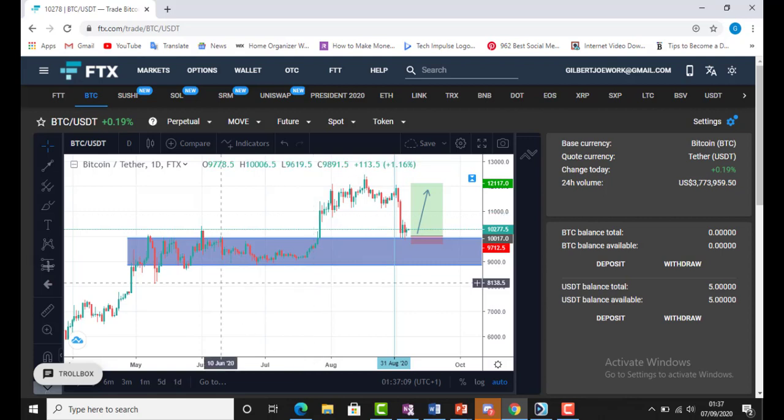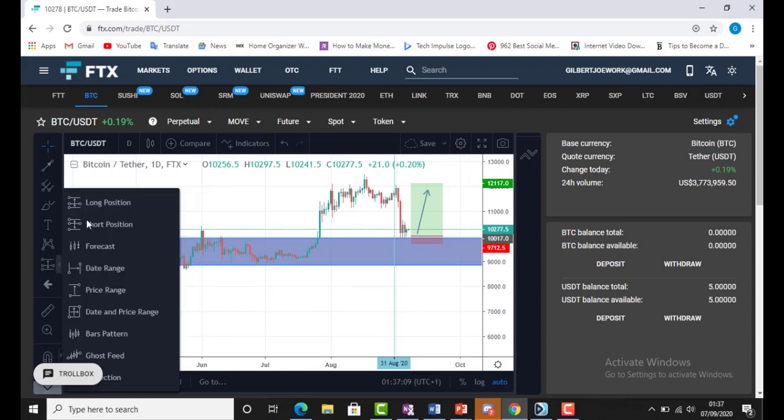Come to this tool, which is the measurement tool. You pick long position. That was what I did. Once you pick long position, you draw from the point of your entry to your target, and also adjust to where your stop is going to hit for it to trigger, and you're going to get all the information you need.